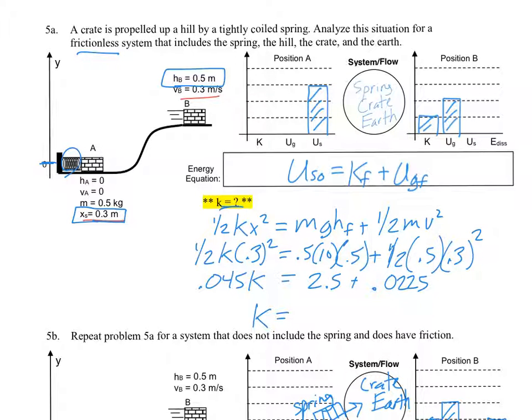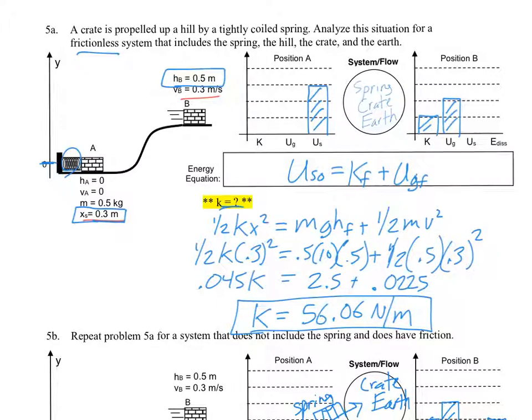And I get that the spring constant must have been 56.055555, so I'm going to round it to 2 decimals. And the units for spring constant are newtons per meter. So the spring constant was 56.06 newtons per meter.